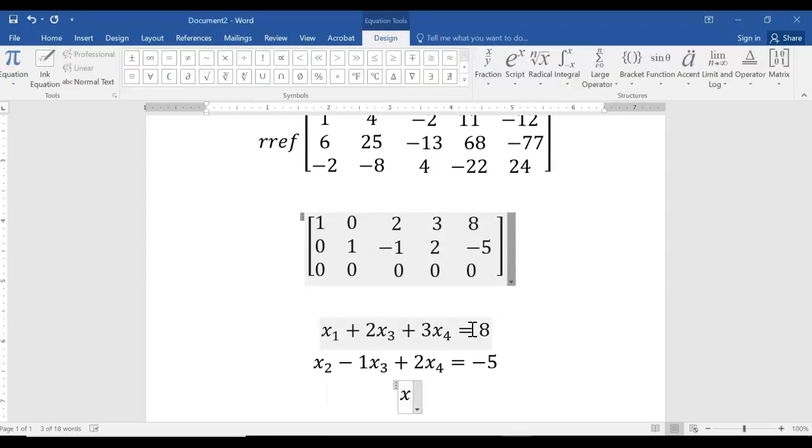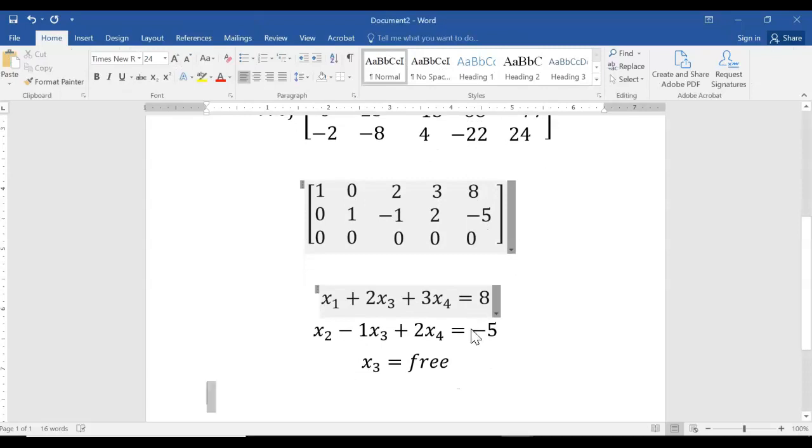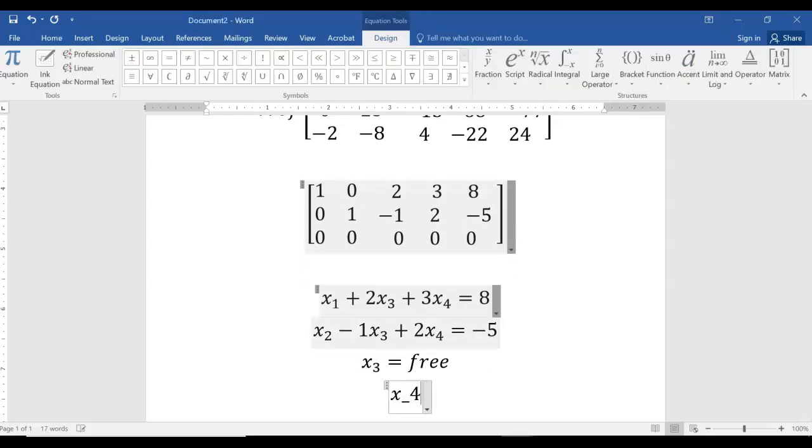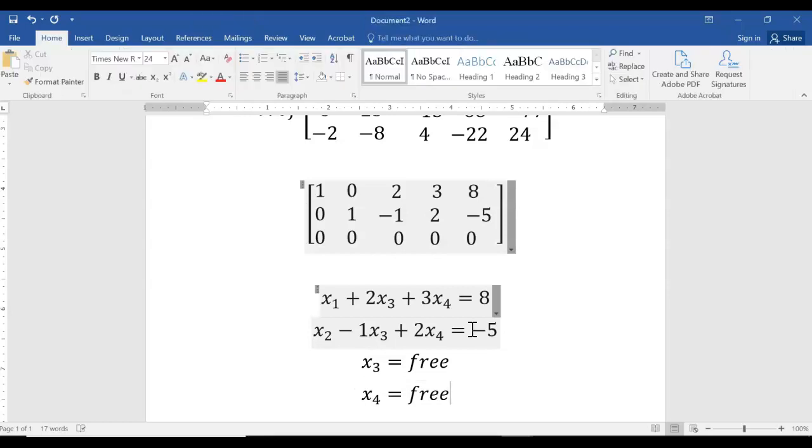And then because our third and fourth columns represented x3 and x4, and those two columns were not pivot columns, that means that those two variables are free variables. Okay.